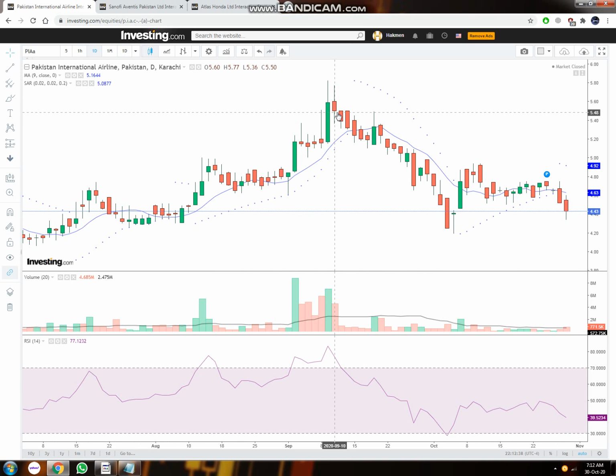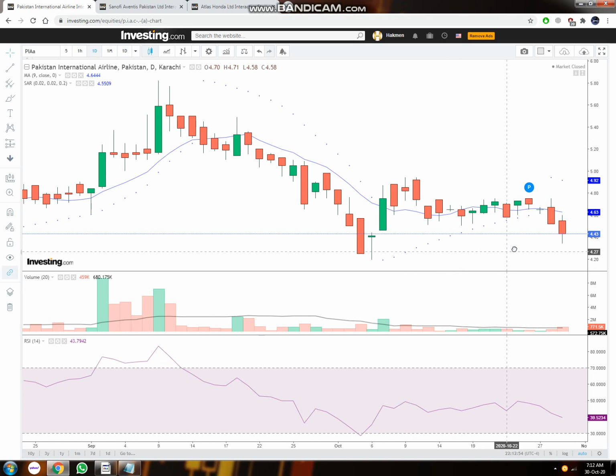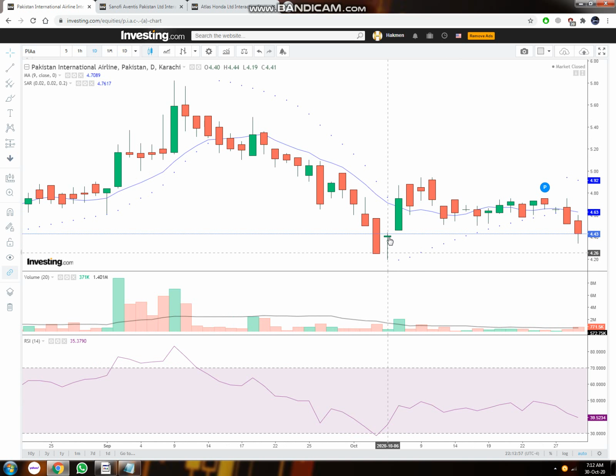This candlestick shows that the bulls and the bears were fighting to gain control of the market, but the bears gained strength and took control, pushing the market down up to this point. Here you can see the bears pulled the market down, but the bulls pulled it back up.